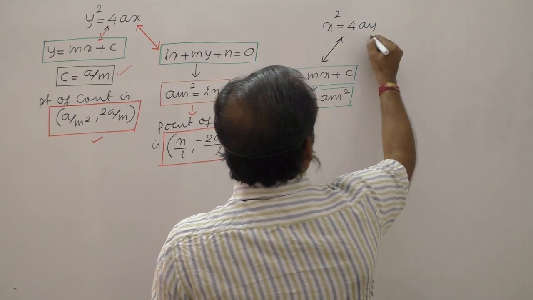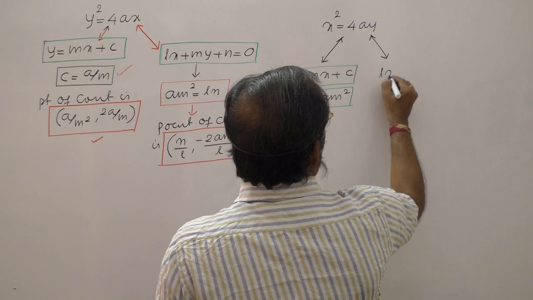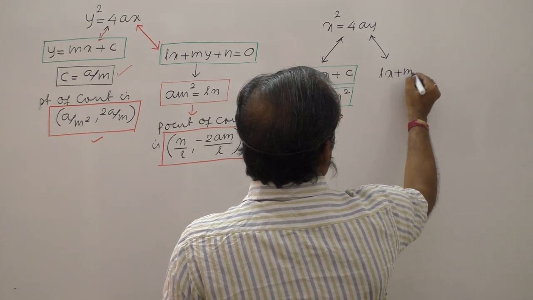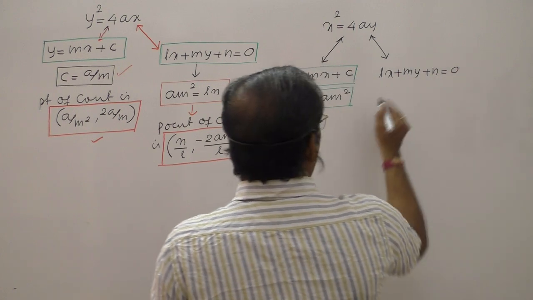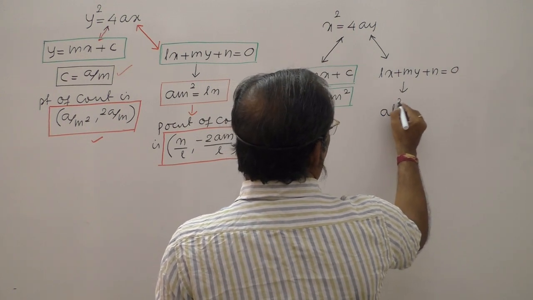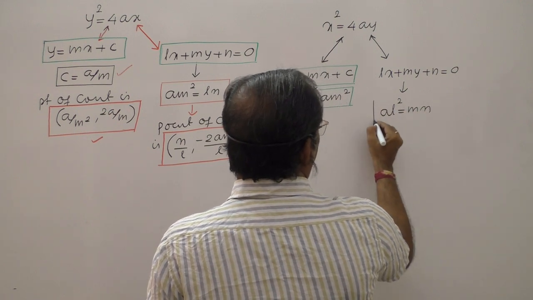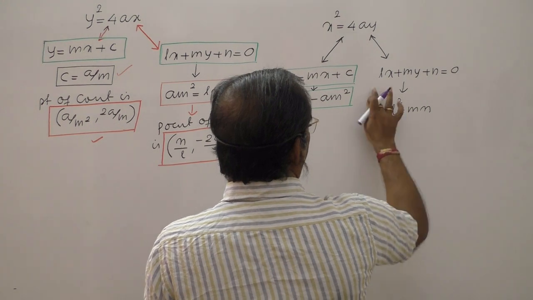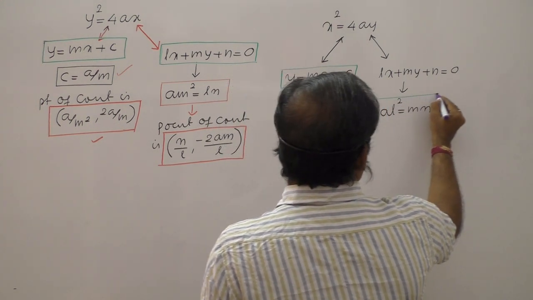Similarly, if the line is given in the general form lx plus my plus n equal to 0, then the condition will be al square equal to mn. This is the condition. So no confusion.